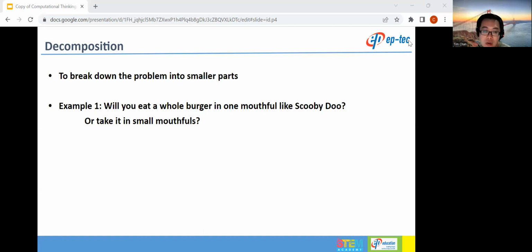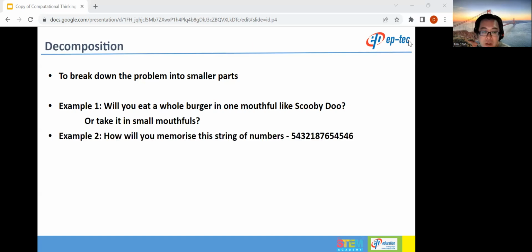Or would you need to eat it in small mouthfuls, step by step, to finish the whole burger? I think the answer is quite obvious. You will eat the burger in small mouthfuls.